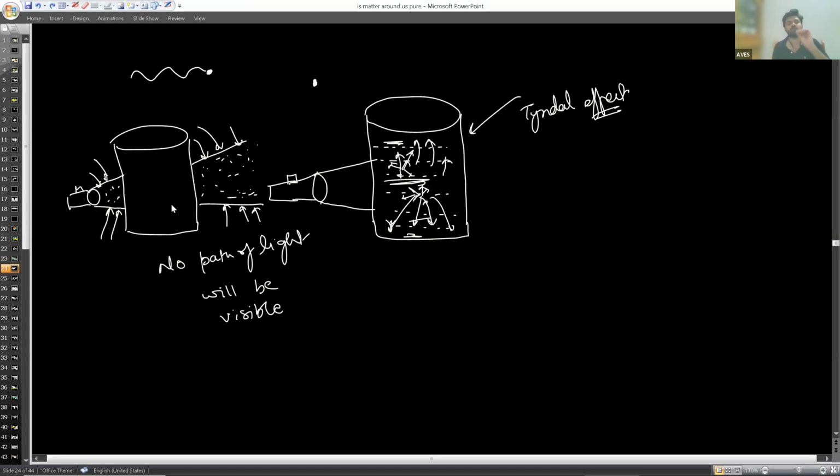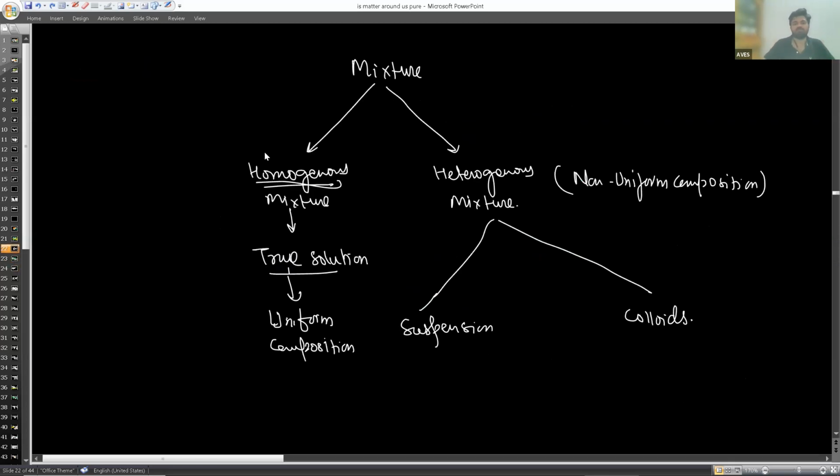So true solutions do not scatter the beam of light, meaning they don't show the Tyndall effect, while colloids and suspensions show the Tyndall effect. Please note it down. Make suspension, because colloids are very close to suspension.